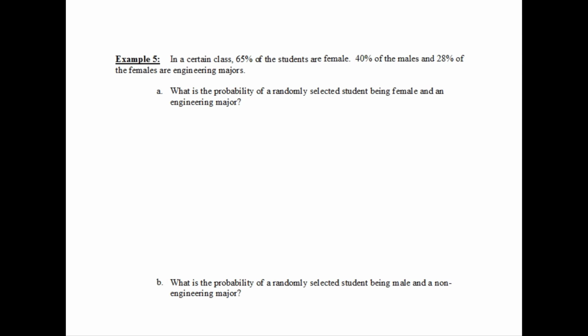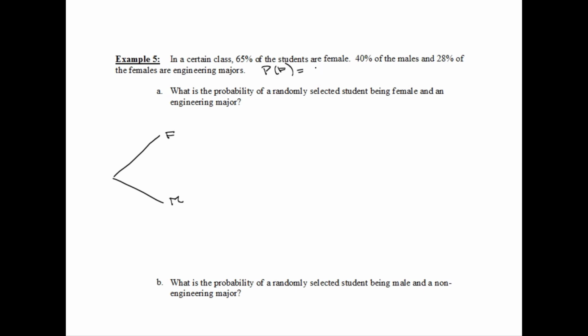Okay, so we know that in our class 65% are female, and therefore we know the percentage of males as well. Now, if 65% of the students are female, what is the probability of a randomly selected student being a female?